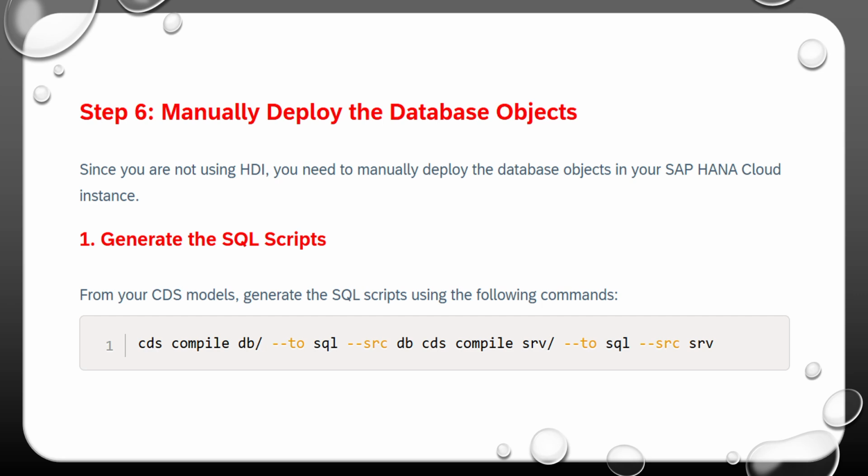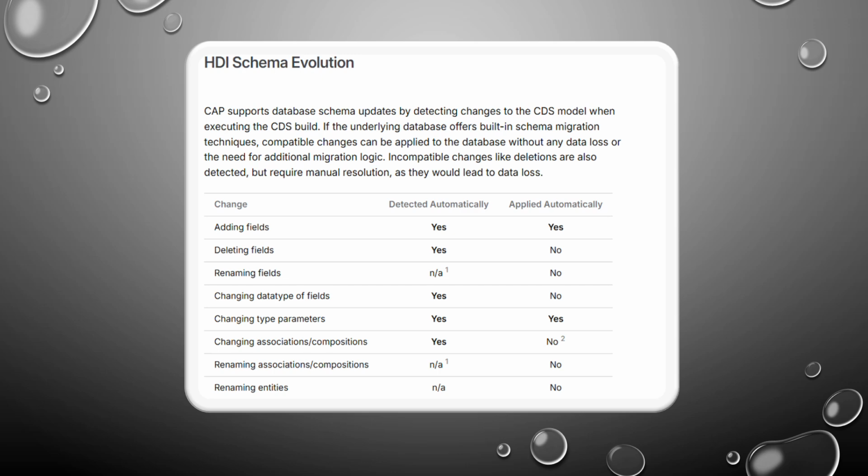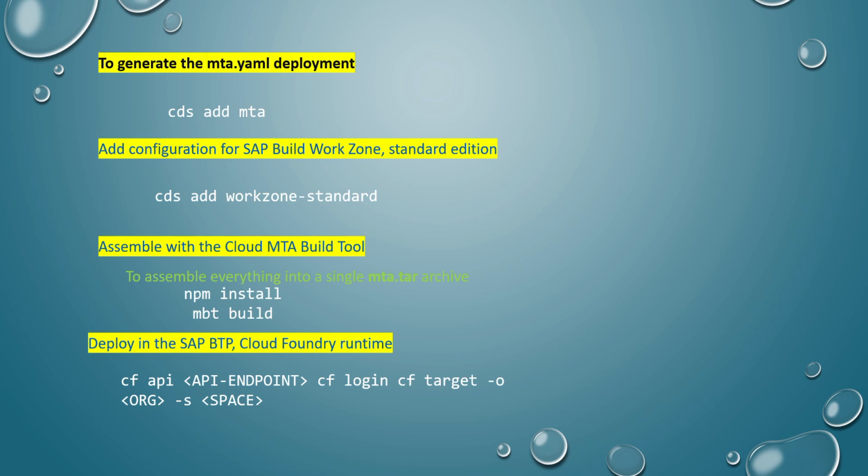To deploy your application to the database objects, we have to use cds compile for the db, the database module. For the srv module, if you want to deploy, you can use this. These modules will generate the SQL script using these commands. Then here you can see what will be supported in your HDI containers.